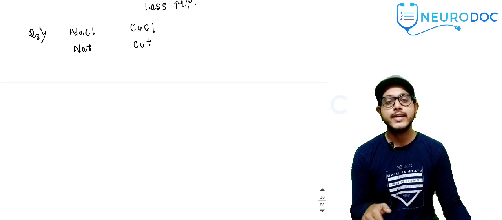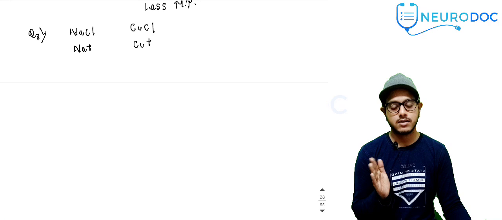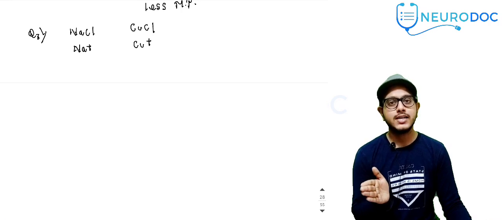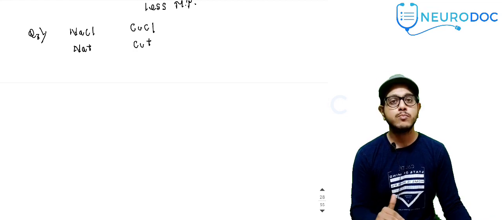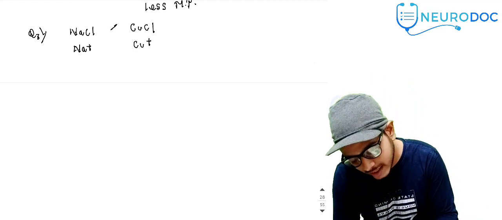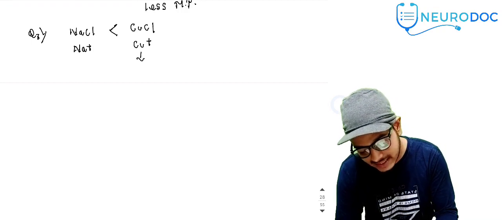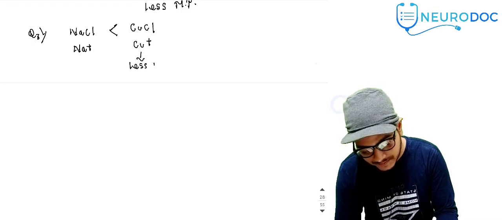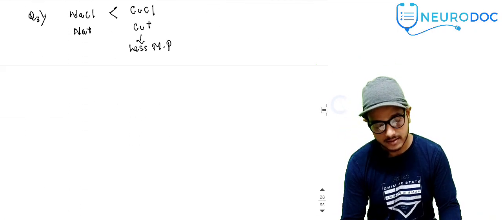Where the covalent character is more? As we have done, Cu plus has pseudo inert gas configuration or pseudo noble gas configuration. So it has more polarizing power, so it has more covalent character. So as it has more covalent character, it has less melting point. Okay, right.